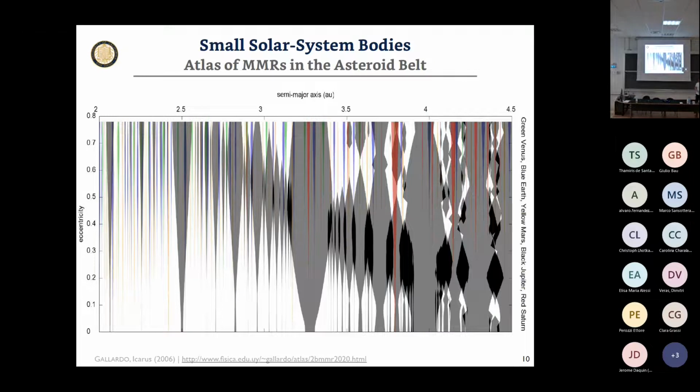And another work is by Gallardo. There's a series of papers and also some tools that he provides on characterizing the resonance strength and the width of the predominant mean motion resonances from the lunar-solar system all the way out to the scattered disk. So this just shows the traditional domain.